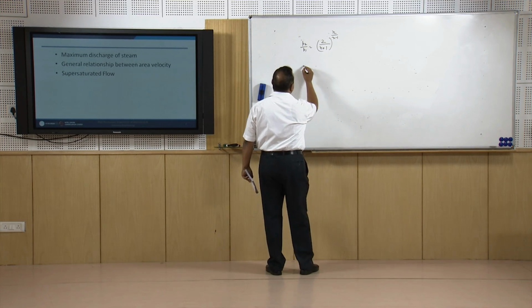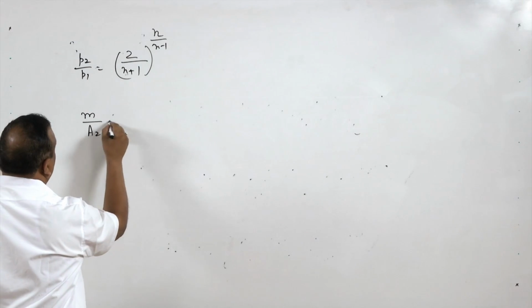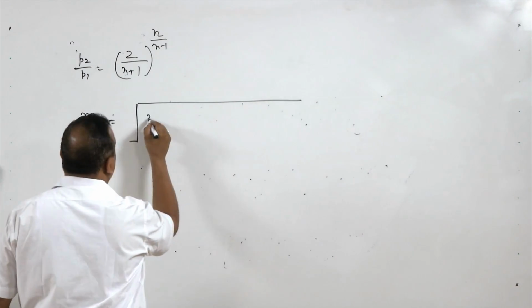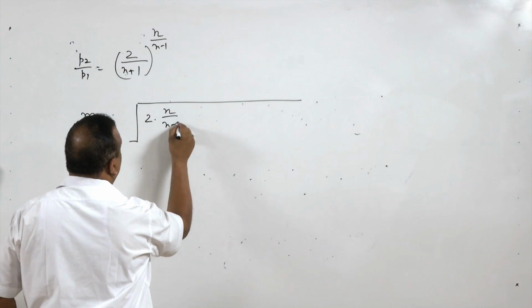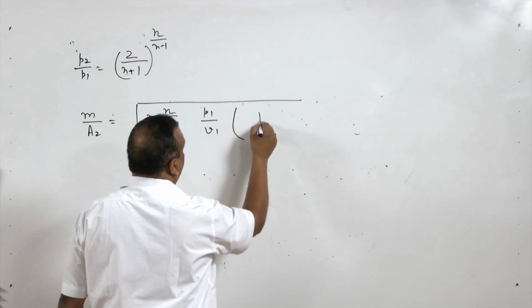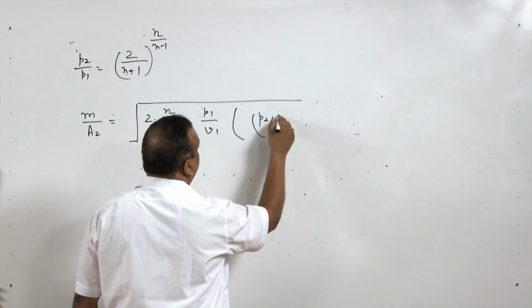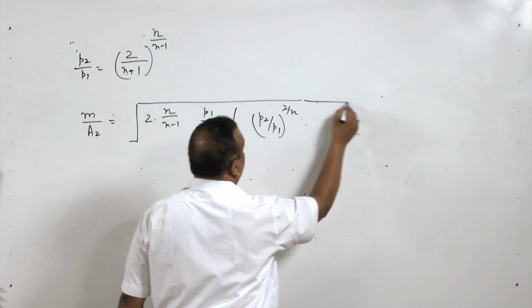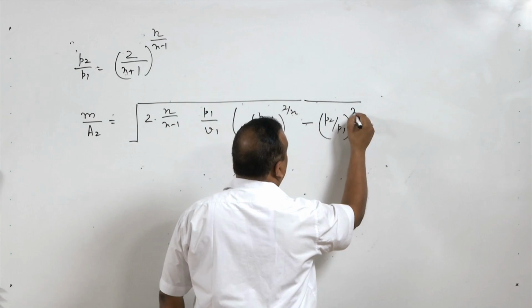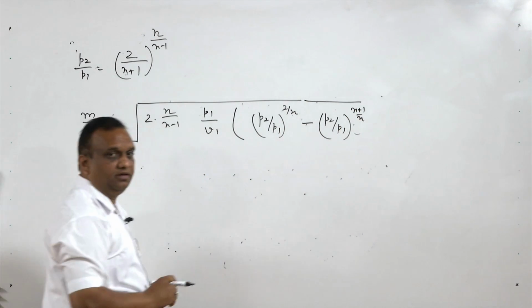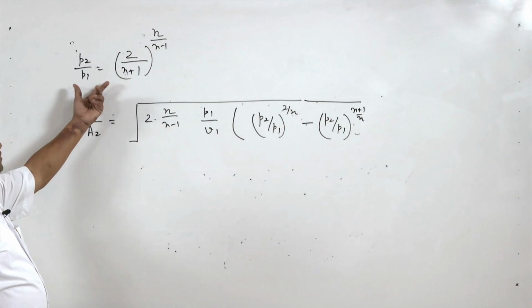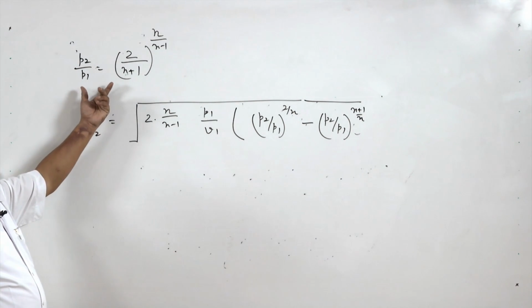We know the discharge equation, m by A2 is equal to the square root of 2n over n minus 1 times P1 V1 times [(P2 by P1) raised to power 2 by n minus (P2 by P1) raised to power n plus 1 by n]. Now, this is the equation for the mass flow rate through the nozzle. This is for pressure ratio when the discharge to the nozzle is maximum.